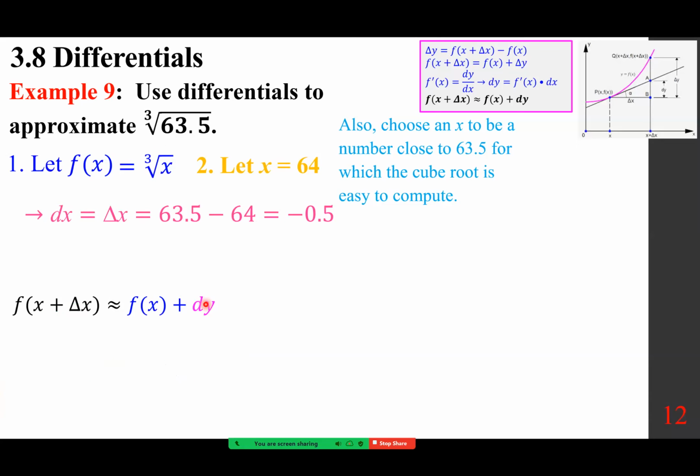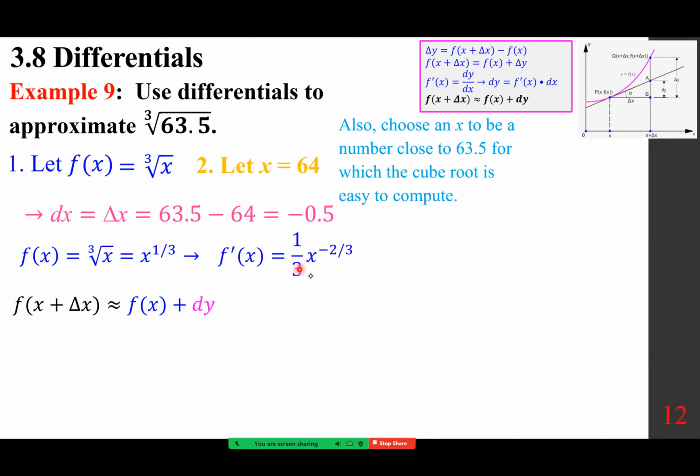So f of x is given, dy is missing. To find the dy, first we have to differentiate this. So we are going to write this as x to the power of 1/3. Then we're going to write this as 1/3 x to the power of 1/3 minus 1, or negative 2/3. That's the derivative.